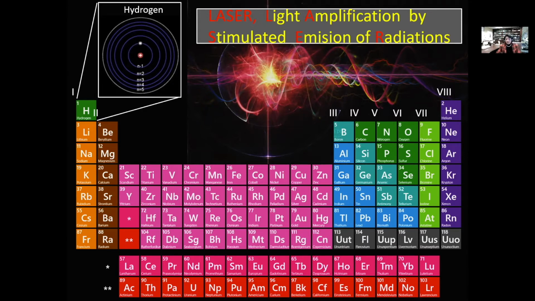The most important achievement of the last century was to understand the structure of atoms, and you understood that the movement of the electron can create the photon, and this photon energy is related to the final and the initial energy level of the electron.